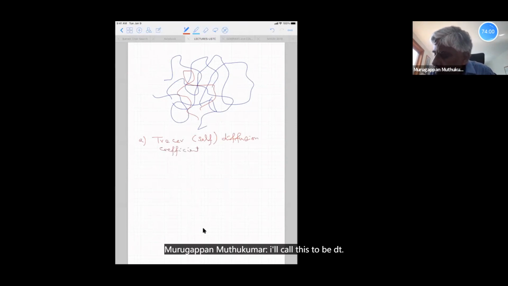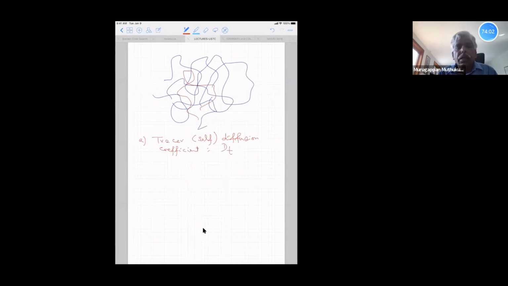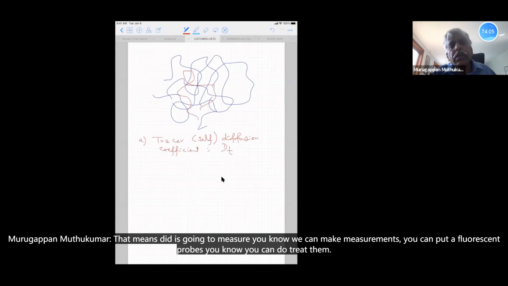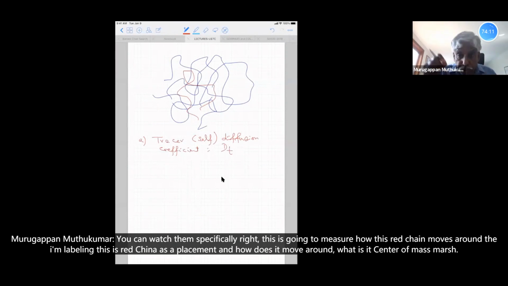I'll call this DT. We can make measurements: you can put fluorescent probes, you can deuterate them, you can watch them specifically. This is going to measure how this red chain moves around. So I'm labeling this red chain as a tracer. How does it move around? What is its center of mass motion?